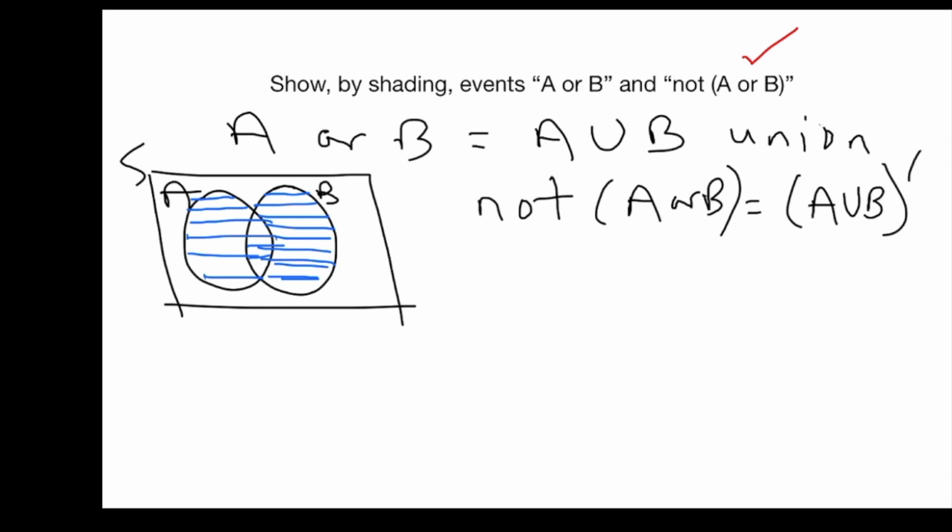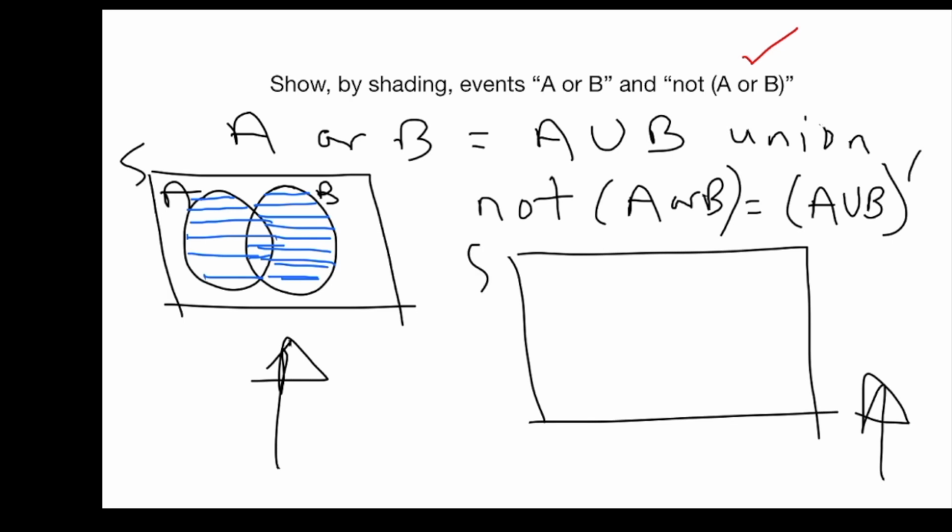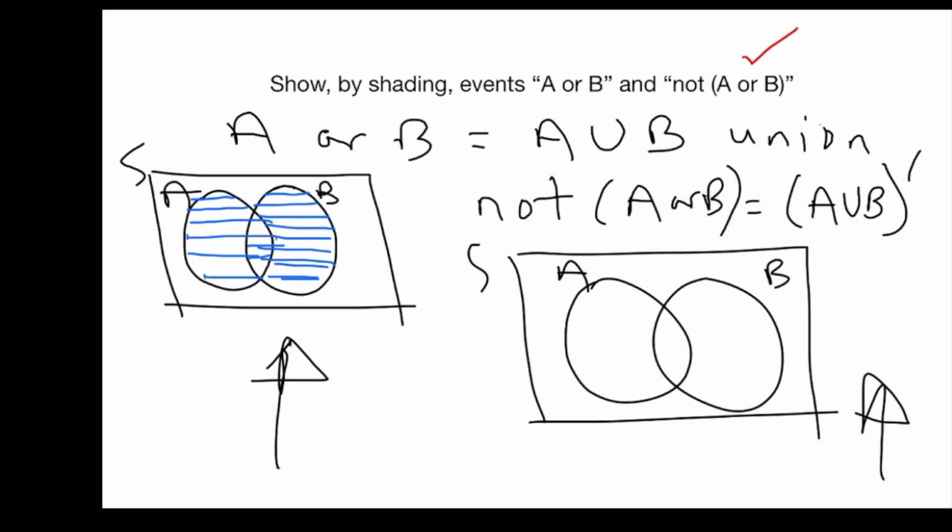That is not in A union B. So if this shows us what is in A union B, then that one should show us what is not in A union B. Clearly your set for this should be everything that is not shaded in this part.